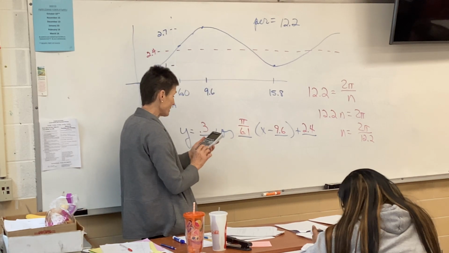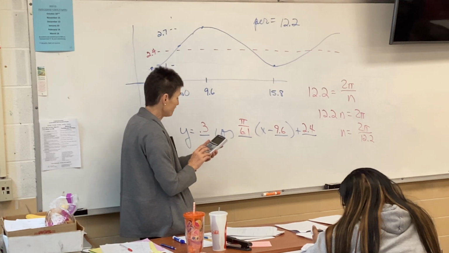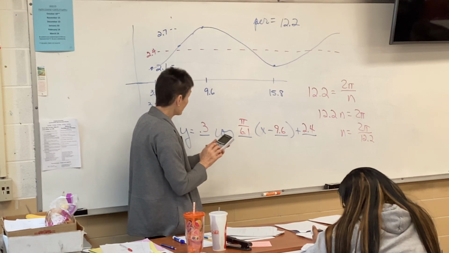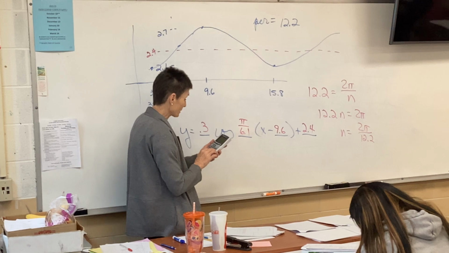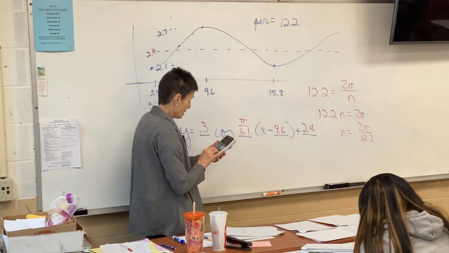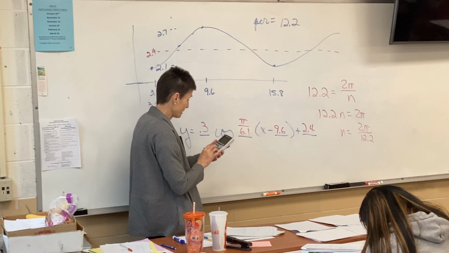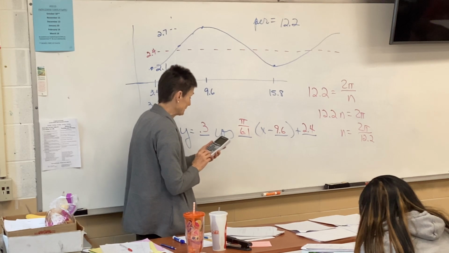So 0.3 cosine pi divided by 6.1 times 6 minus 9.6 plus 2.4.